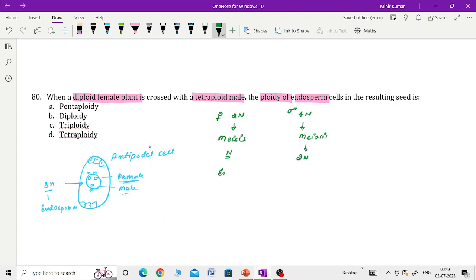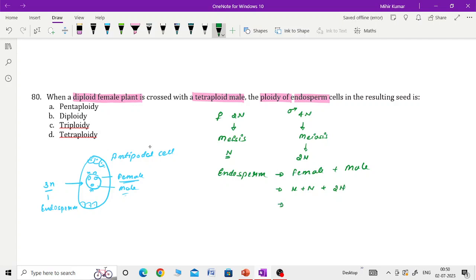When we consider the endosperm, female plus male: the female contributes 2n, meaning n plus n, and the male contributes one pollen, which would normally be only n, but in this condition the pollen is 2n.